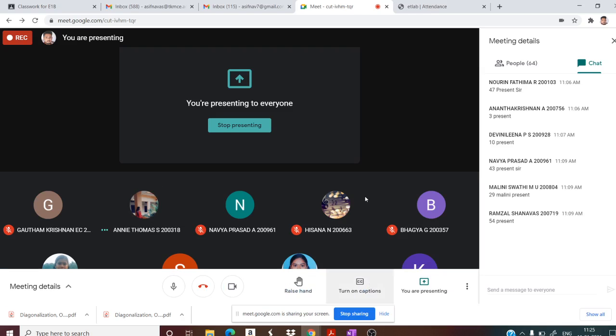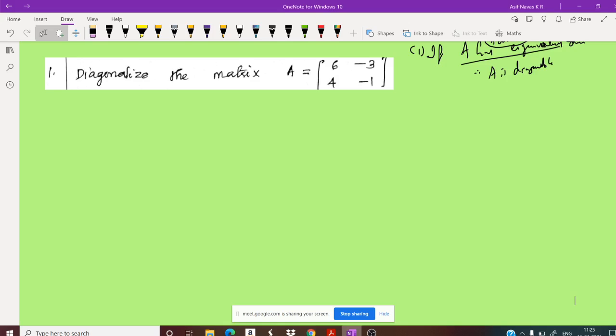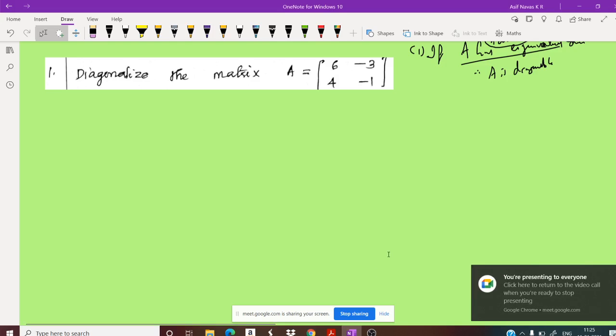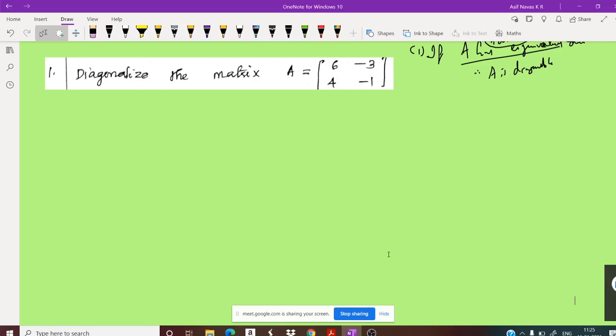Okay, now we will do a problem. Diagonalize the matrix A equal to [6 -3; 4 -1]. Write down this question. The first step is, have you completed the question?